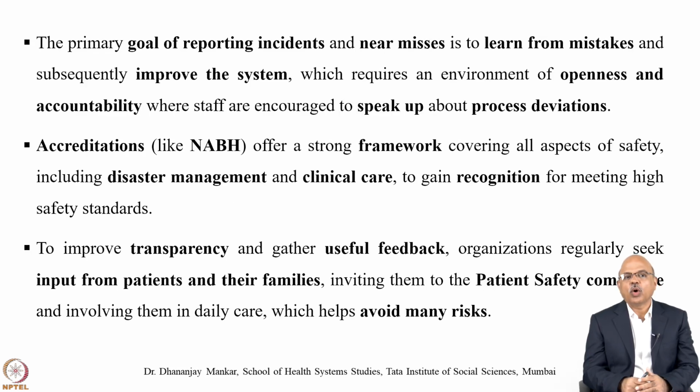The primary goal of reporting incidents and near misses is to learn from the mistakes and not just record keeping. Subsequently, improving the system requires an environment of openness and accountability where staff are encouraged to speak up about process deviations.